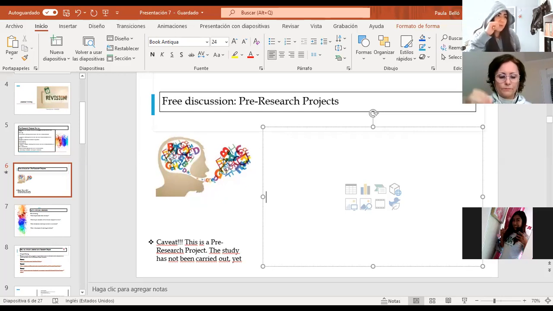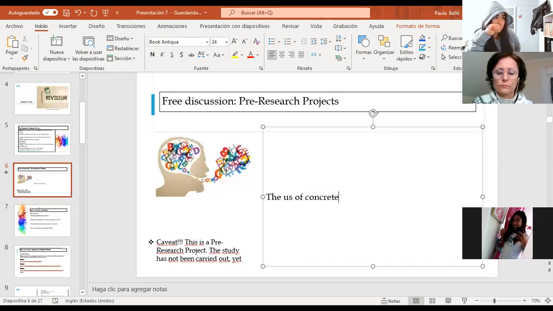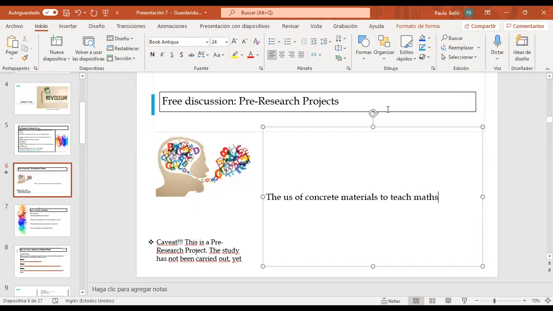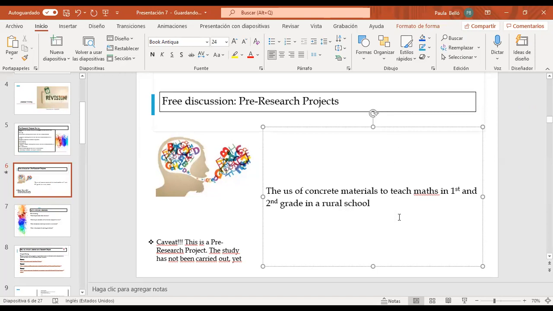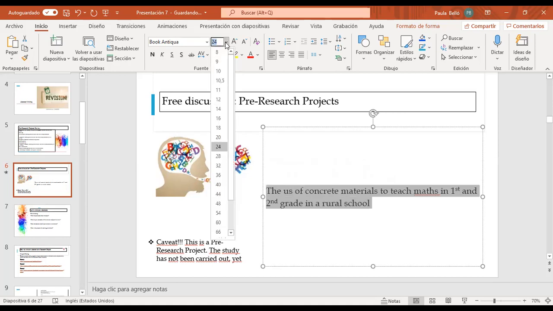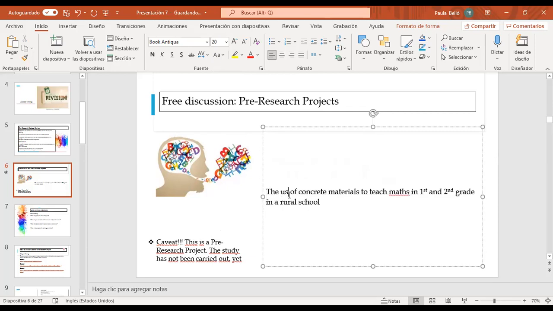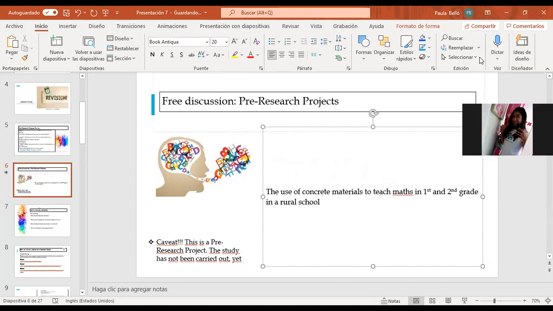Use of concrete materials in the mathematics subject, concrete materials to teach mathematics in first and second grade, in a rural school. Yes, okay. That's very big. So that's a problem. Thank you, and we have lots of representation.